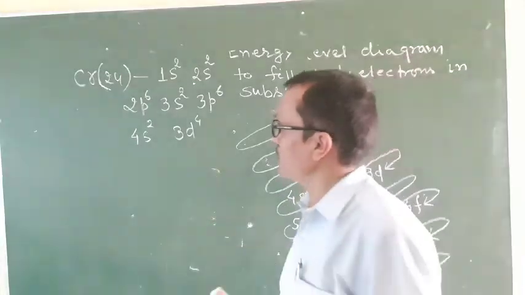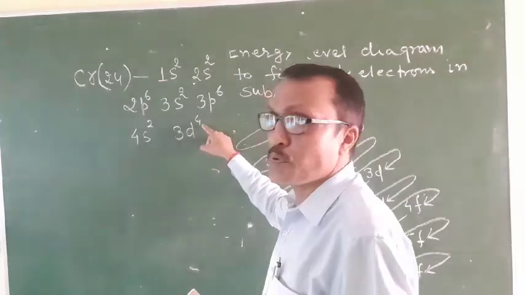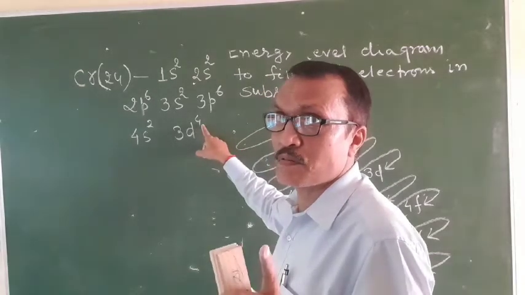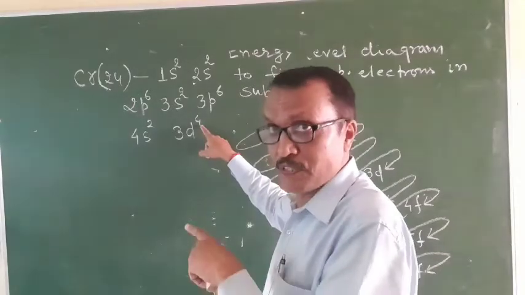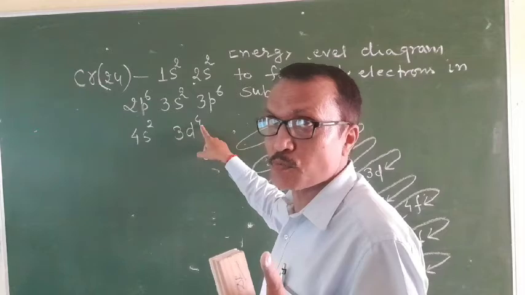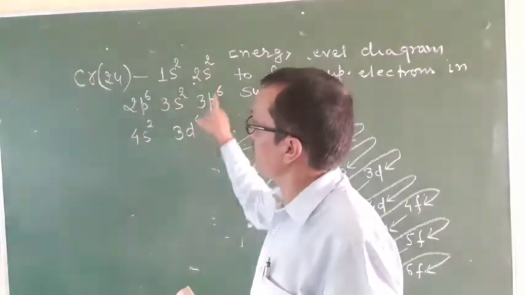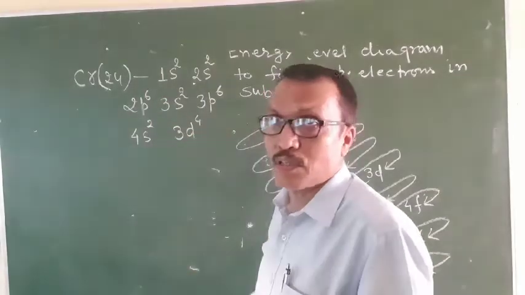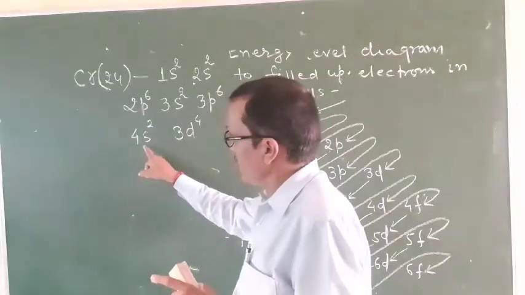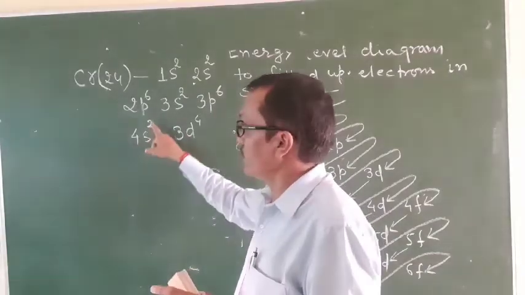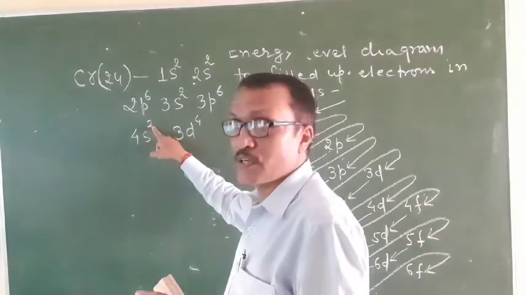So students, here you can see 3d subcells have 4 electrons, but it is not stable because if it has 5 electrons, it becomes more stable. So this electronic configuration of chromium is not very stable. Now students, just before 3d you are looking at 4s subcell, and it is already fully filled up, with 2 electrons.